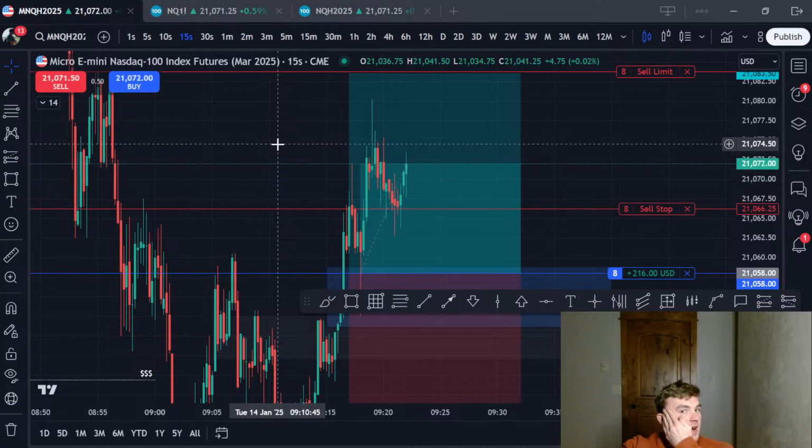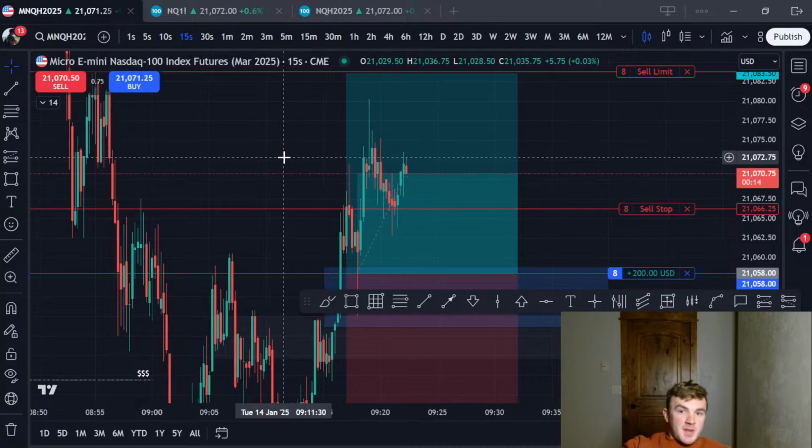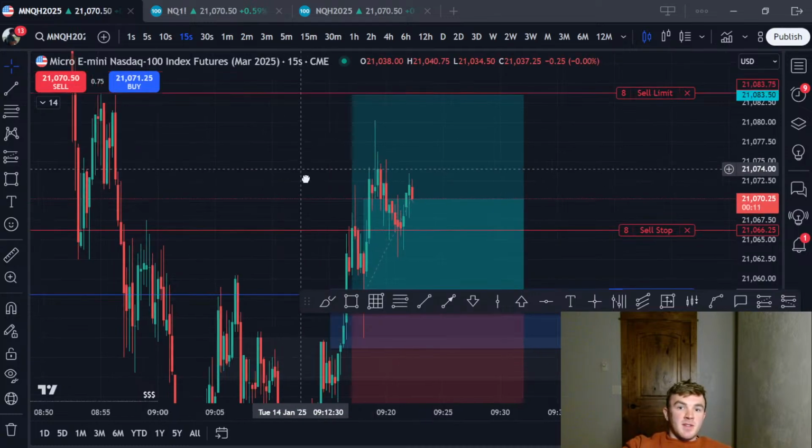I broke the rule where I'm not supposed to take a trade within 30 minutes of a loss.